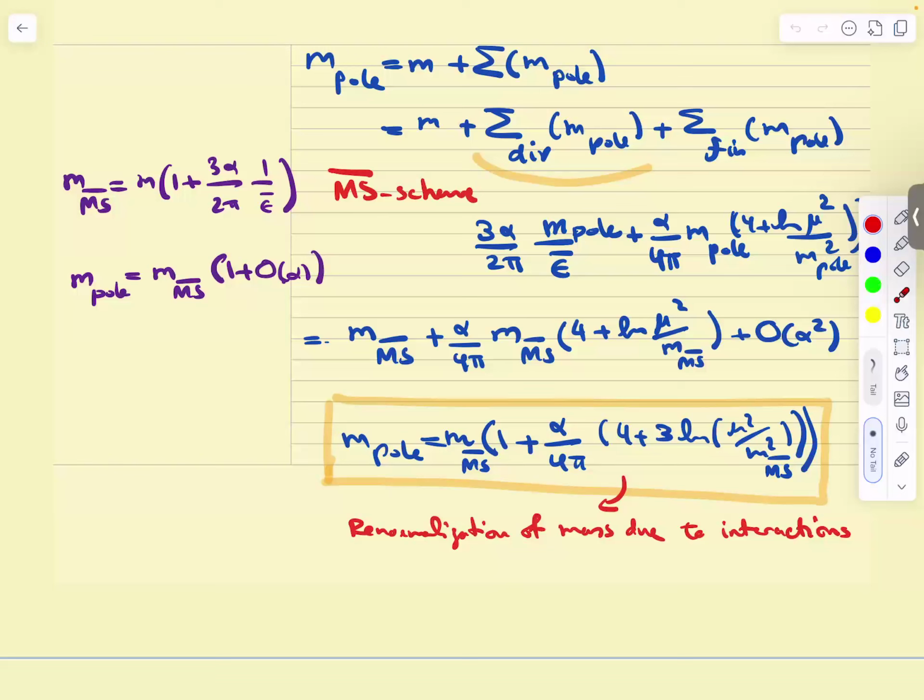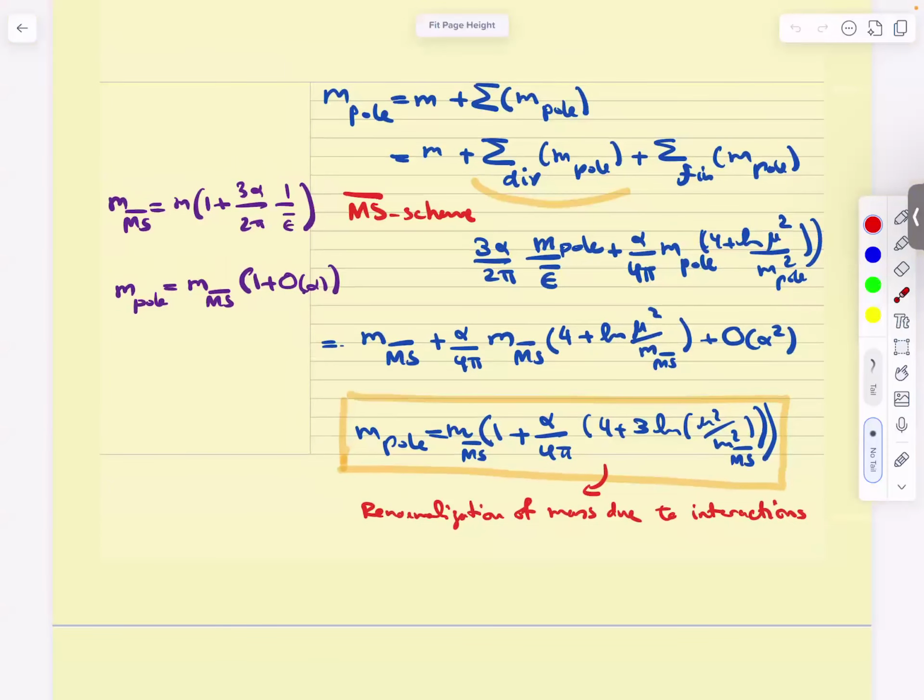And the MS bar scheme is one way of doing such a thing. At the end of the day, how you split it doesn't matter, because the physical thing is not the mass of the pole, but the running of it. Good? Questions?